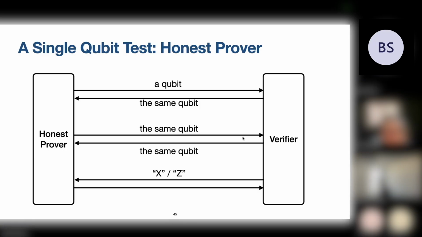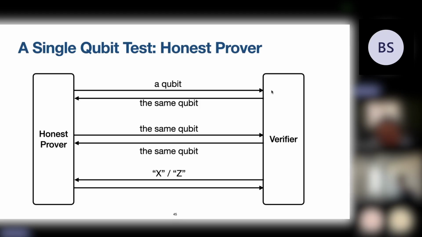Because in the multiple-qubit case, the first round is to measure the witness under the computational basis. So for a single qubit, if you coherently measure in the computational basis, it's the same as if you didn't measure it.